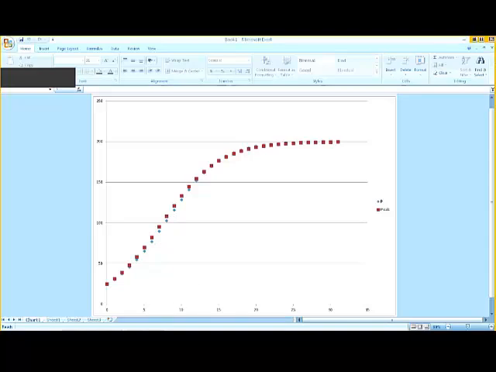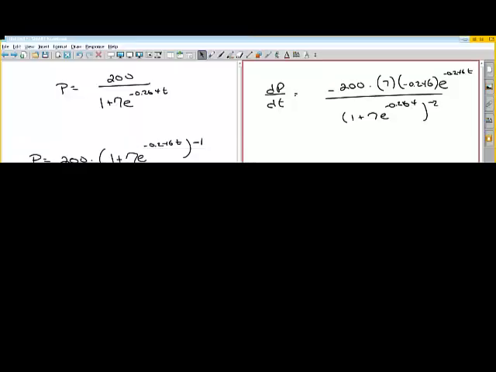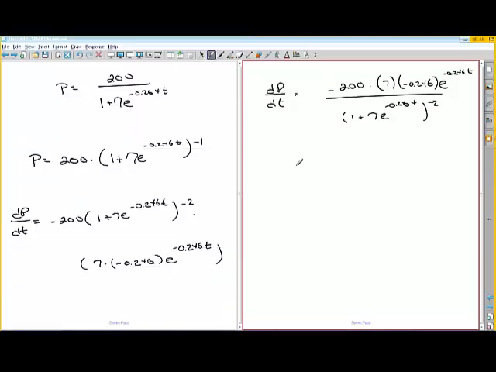So what we would do is go back to the smartboard, and we would say when p is equal to 100, which looks like it's the highest slope, what time is that? So we'd have 100 is equal to 200 divided by 1 plus 7e to the minus 0.246t.